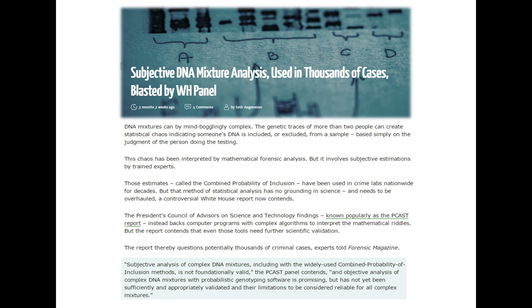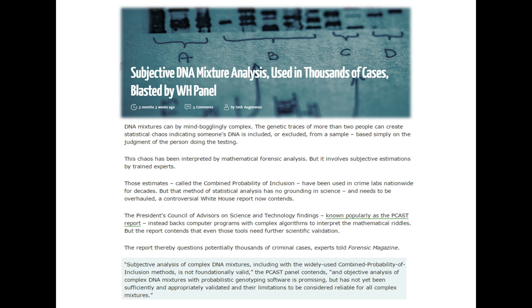And basically, both the PCAST report and this particular article said, again, that when we as individual trained forensic DNA analysts try to interpret a DNA mixture that's recovered from a victim or a crime scene, there's some level of subjectivity that goes into that analysis and interpretation, and that we need to find a better, more objective way to analyze these DNA mixtures.